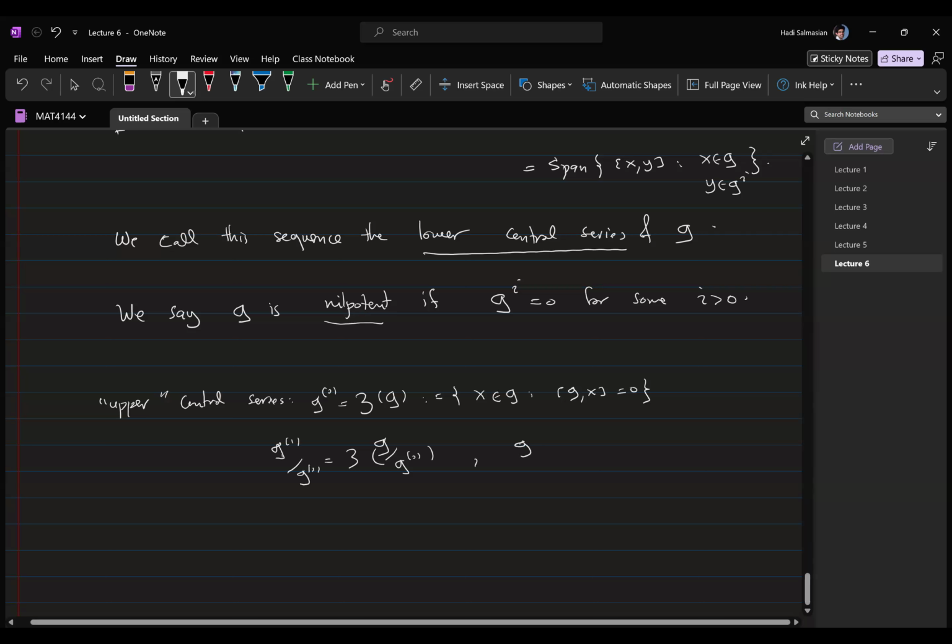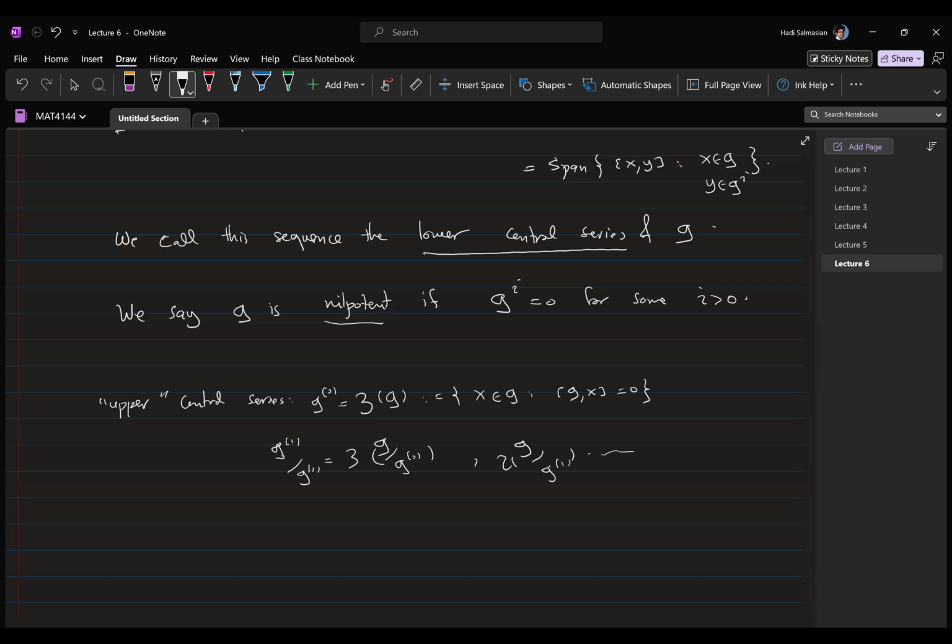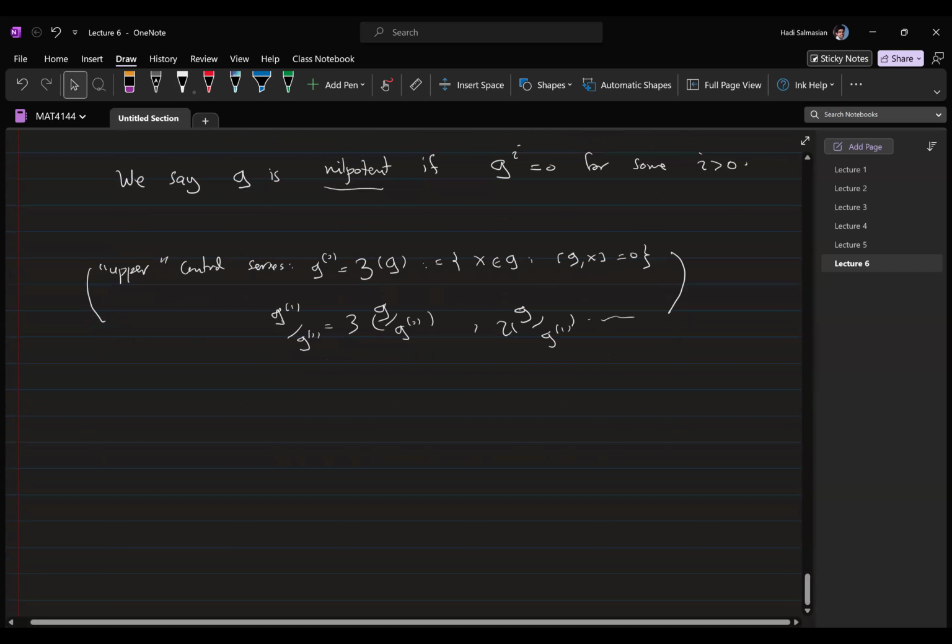Then you repeat this: you form G over G_1, and you form the center, and so on. This is how you get a sequence of algebras that go up. They're trending upwards, rather than the one that I showed you, which goes downwards in size. This is called the upper central series. But anyway, this is just a digression. You don't need to know what it is.